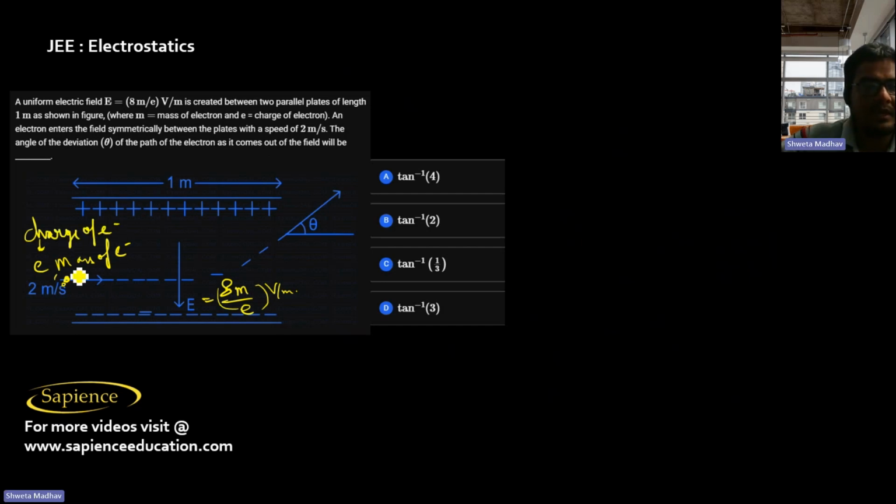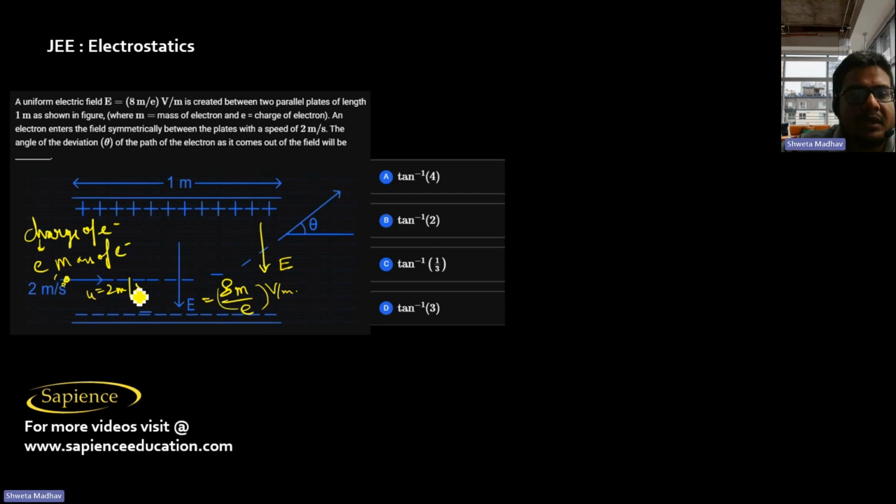Then it is told an electron enters the field symmetrically in between the plates with a speed u, which is 2 meter per second. The angle of deviation theta of the path of the electron as it comes out of the field will be. Obviously some electric field is acting, and the electric field is equal to 8m by e.